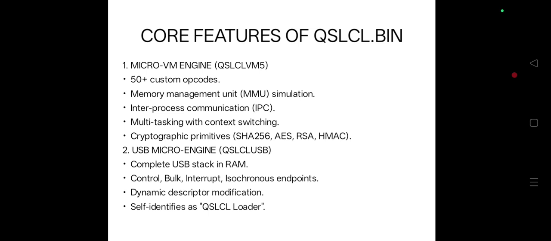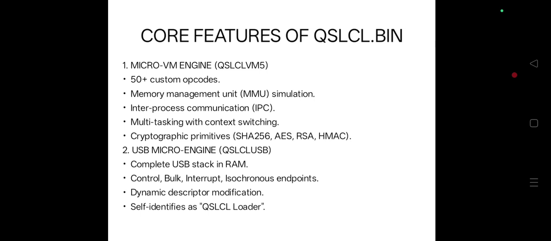It has cryptographic primitives, with multiple cryptographic algorithms embedded in my loader: ChaCha20, AES, RSA, and HMAC. Then there is the USB micro engine, QSLCL USB, inside the qslcl.bin, which has a complete USB stack in RAM.